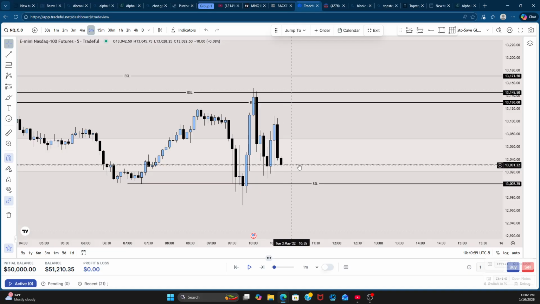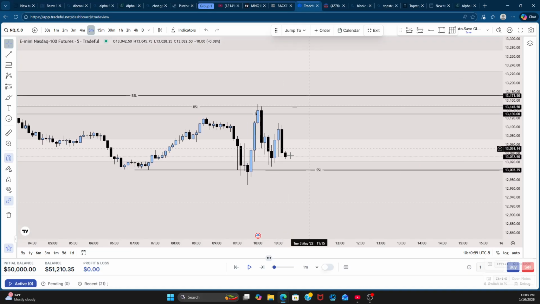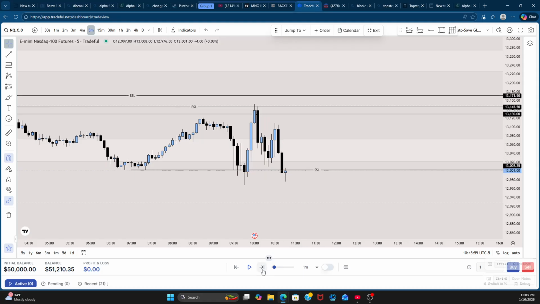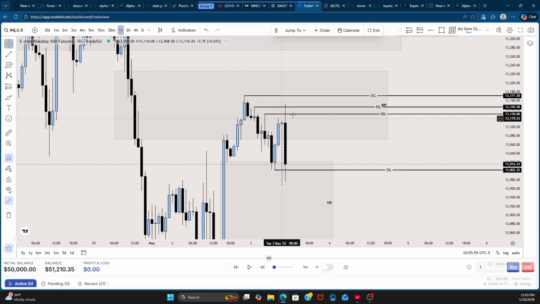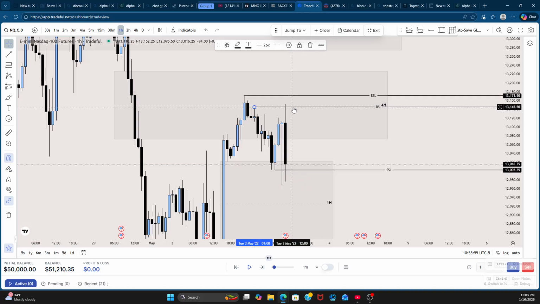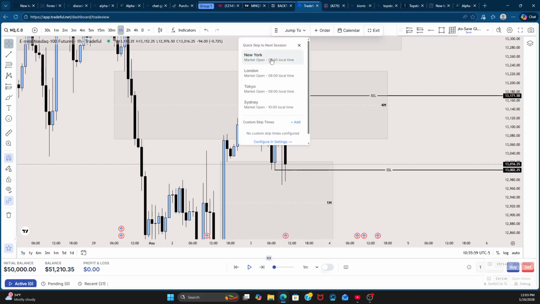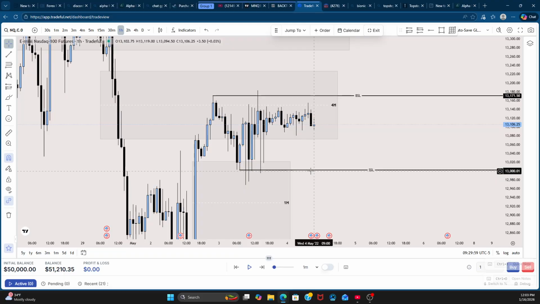What is this chop? Yeah, no trade. Choppy price action, bro. It's getting on my nerves. Holy chop.